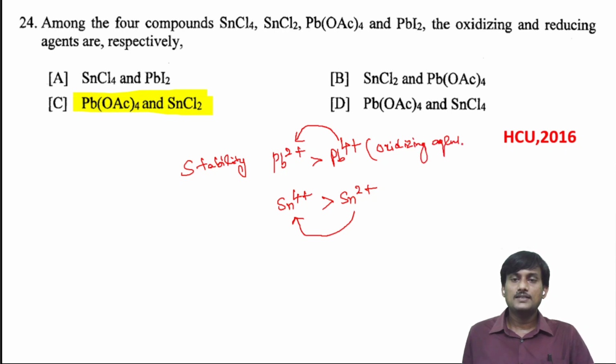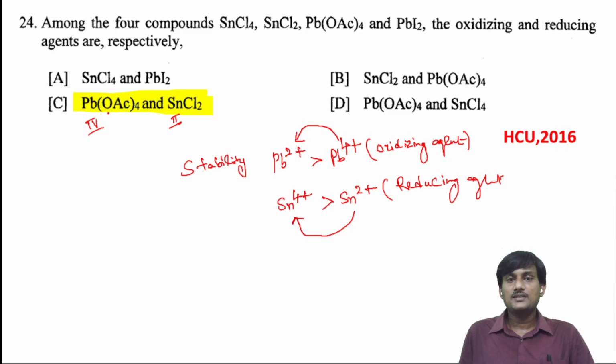Sn2+ is oxidized, meaning Sn2+ can act as a reducing agent. So in lead acetate, we have oxidation state +4 and in SnCl2 we have oxidation state +2. So lead acetate can act as an oxidizing agent and SnCl2, stannous chloride, can act as a reducing agent.